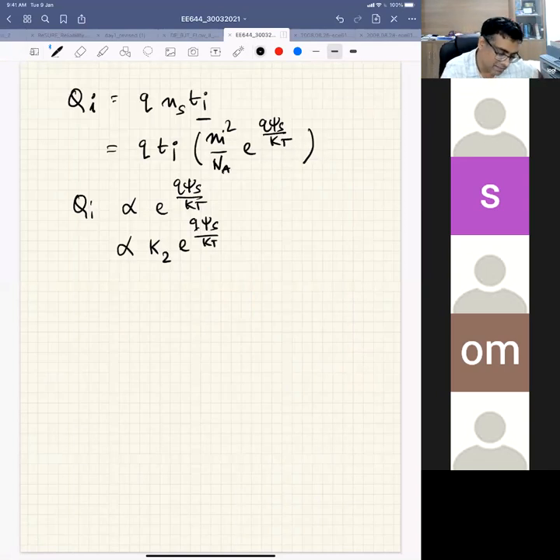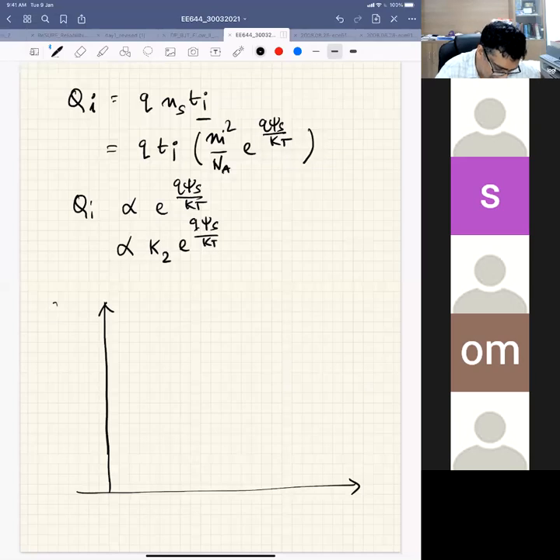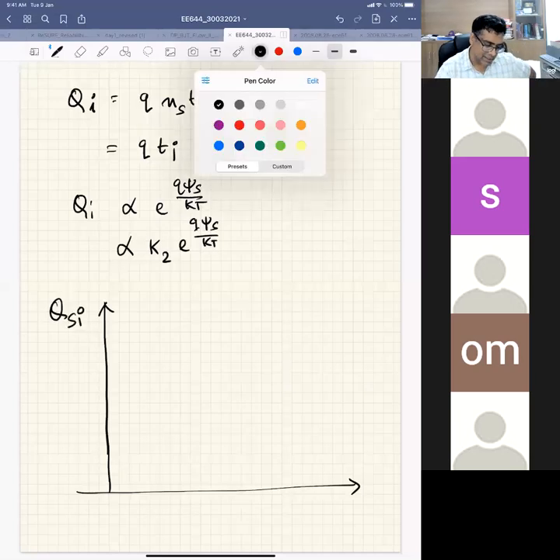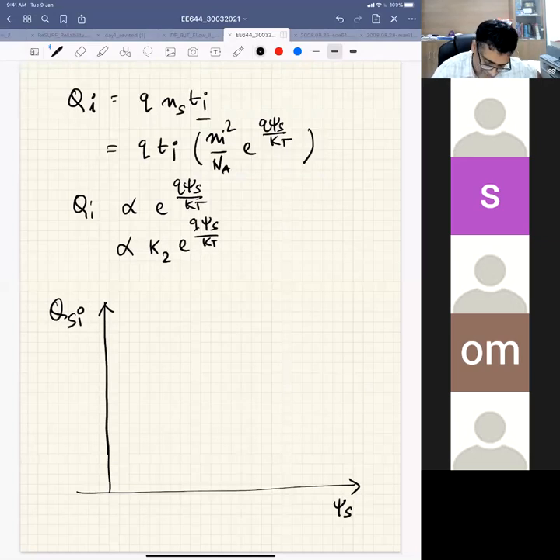If I plot the total silicon charge, my QD is increasing as root over psi s. So if this is my psi s, I will have something like this.